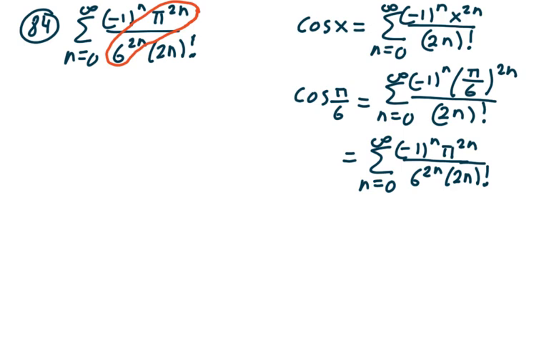It's just laws of exponents. And so the correct answer here is cosine pi over 6, and cosine of pi over 6 is square root of 3 divided by 2. That's how we do 84. Let's take a look at 86.